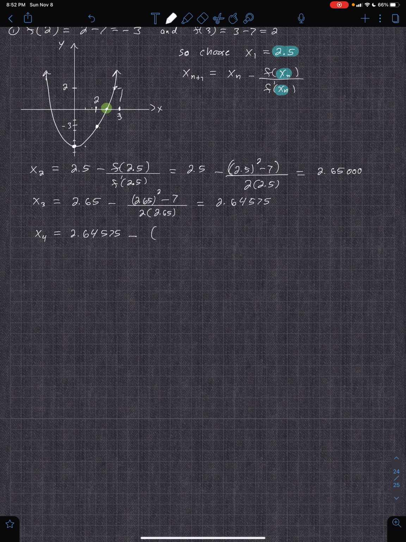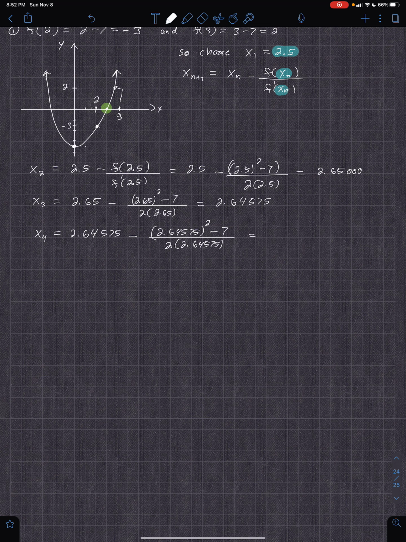So it's 2.64575 squared minus 7 over 2 times, and then you put that in again, 2.64575.